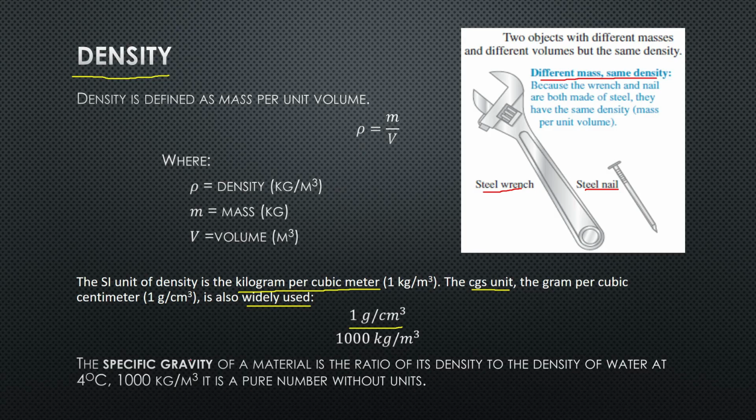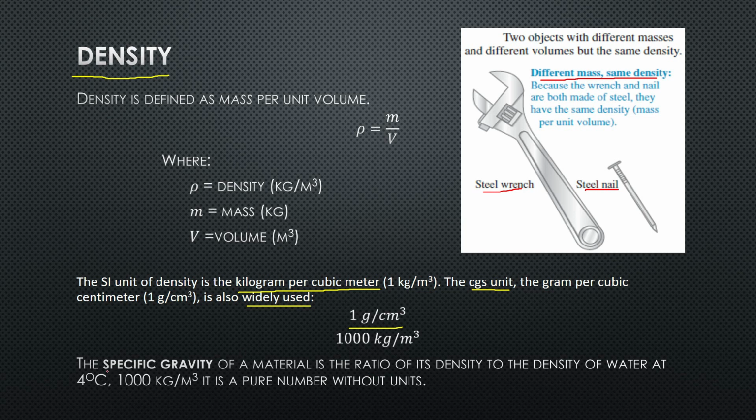The specific gravity of a material is the ratio of its density to the density of water at 4 degrees, 1000 kilogram per cubic meter. It is a pure number without units.